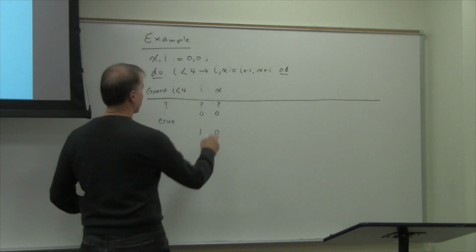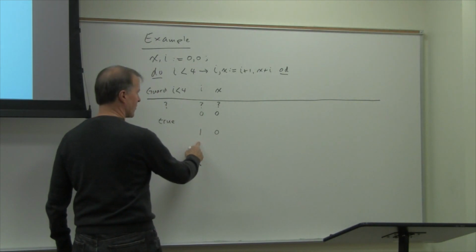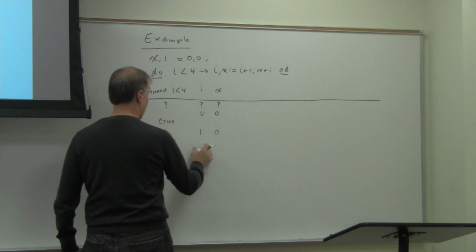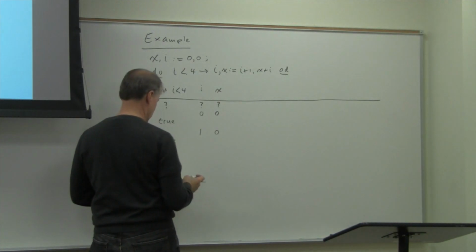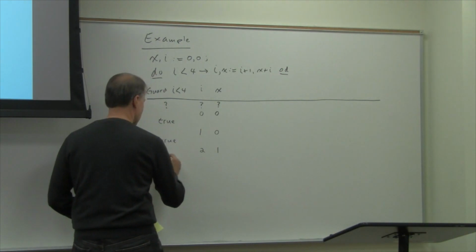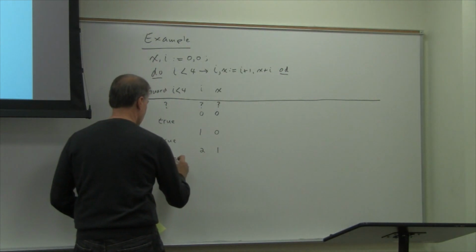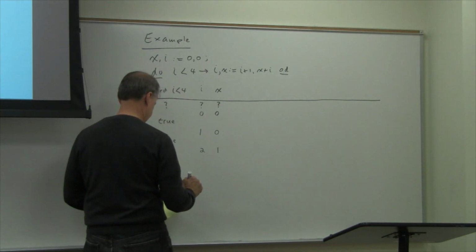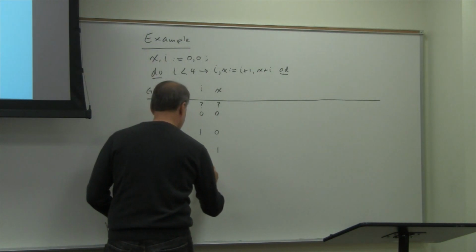Okay, and then we go back and test the guard. 1 is less than 4, true or false? So let's put true here for the value of the guard. And then if we do this statement again, what do we get? So we get 2, 1. We test the guard, what? True. What happens here? 3, 3.